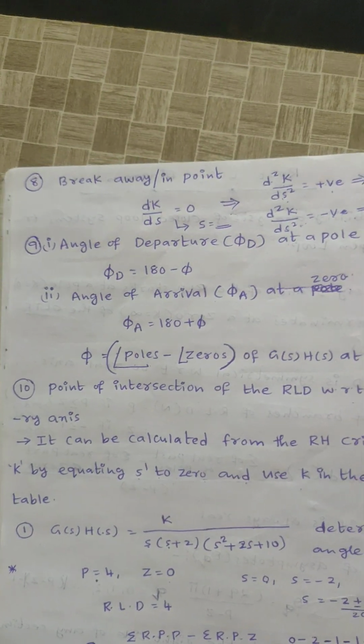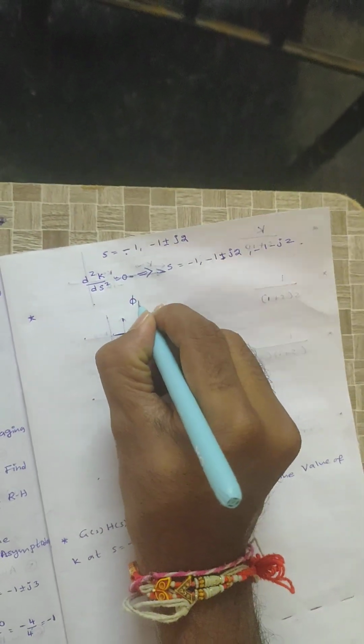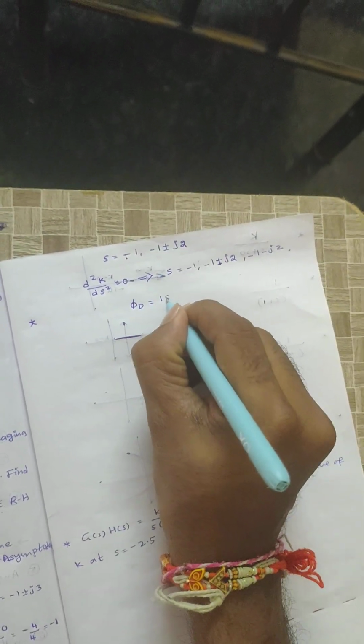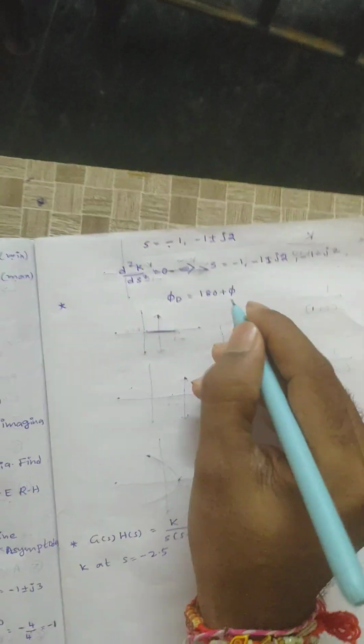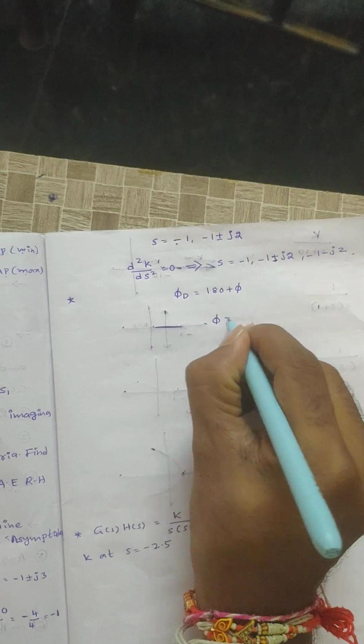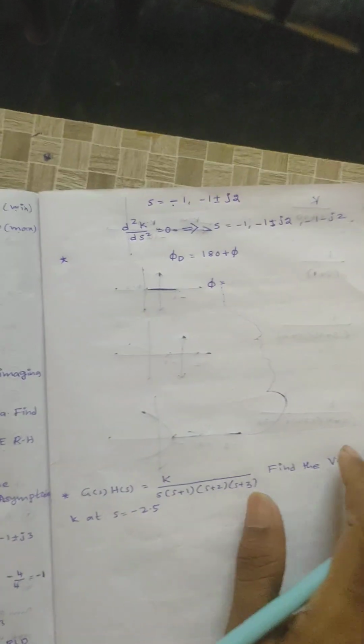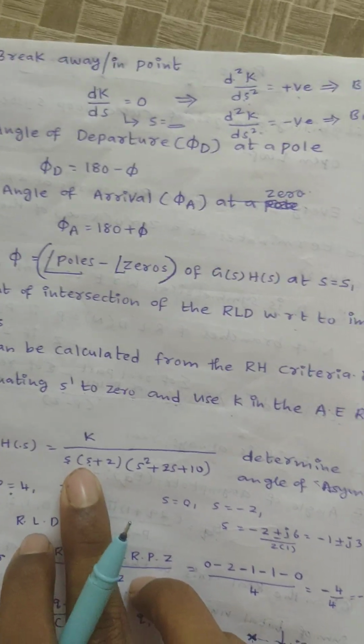After that, what is the ninth one? Angle of departure or angle of arrival. Suppose here it has poles, then we need to calculate the angle of departure, that is 180 plus phi. To calculate this phi value, see here, what is the g of s into h of s value?